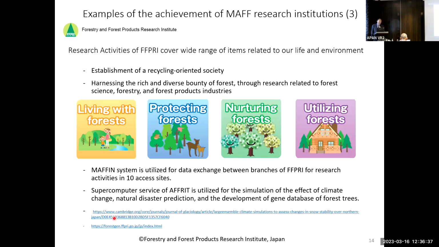MAFFIN system is utilized for data exchange among the headquarters and 10 branches of FFPRI for research activities. Supercomputer service of AFFRIT is utilized, for example, for the simulation related to climate change and natural disaster prediction, as well as the development of a gene database of forest trees.